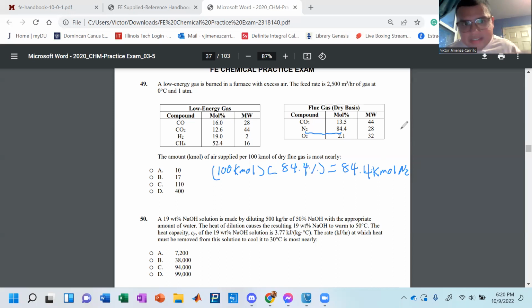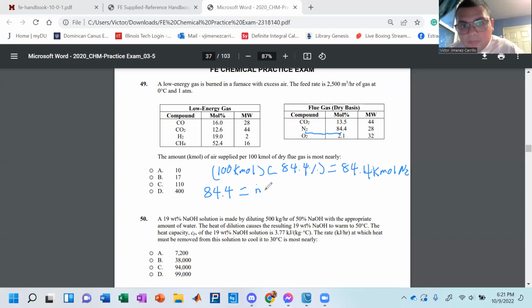Now, remember, this system is surrounded with flue gas and regular air from the atmosphere. So we can do a simple nitrogen balance between the air and the flue gas, with the nitrogen in the regular air and the nitrogen within the flue gas. So basically, what we're going to say is, in our flue gas, we have 84.4 kilomoles of N2. This is your flue gas. And we're going to set it equal to the feed rate of your air.